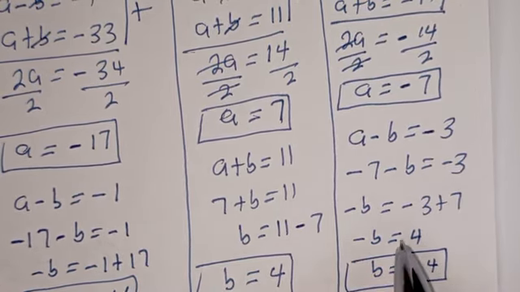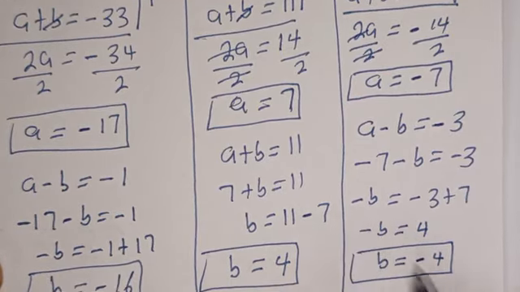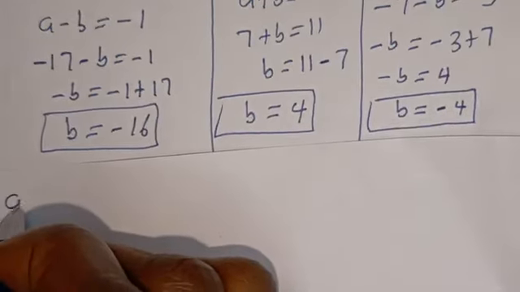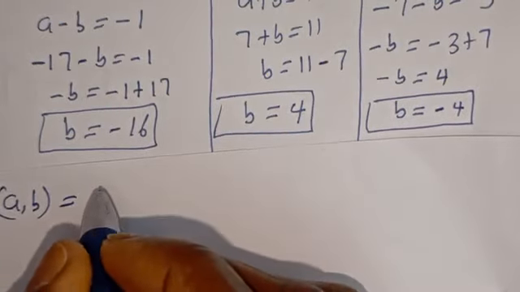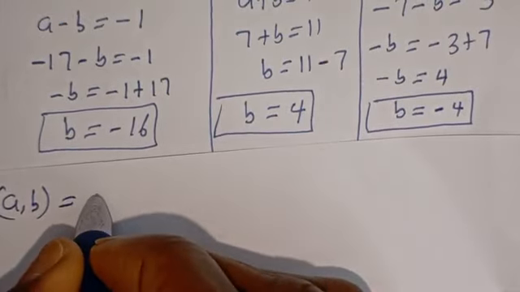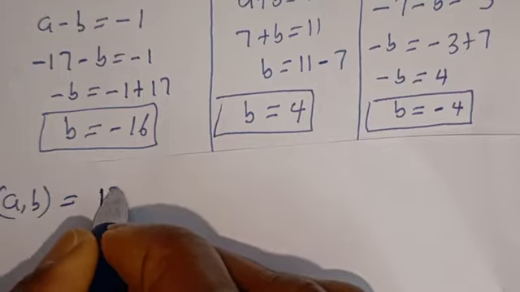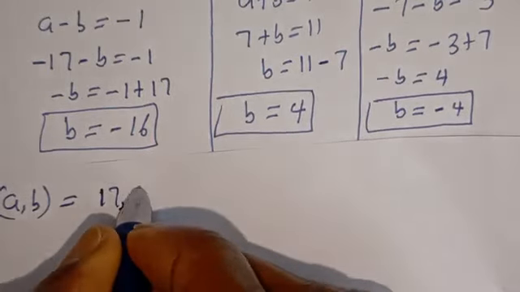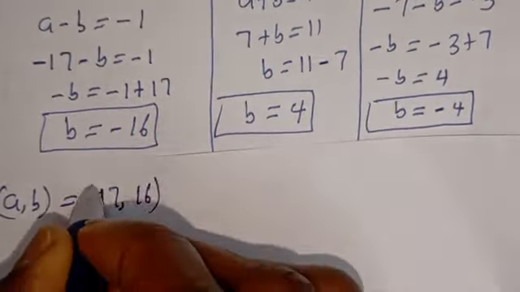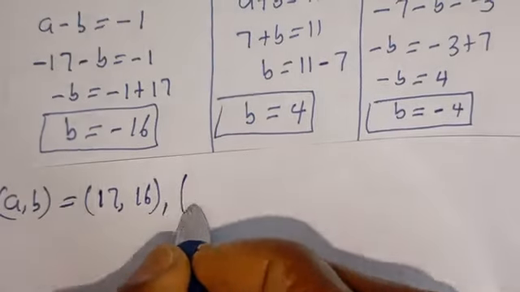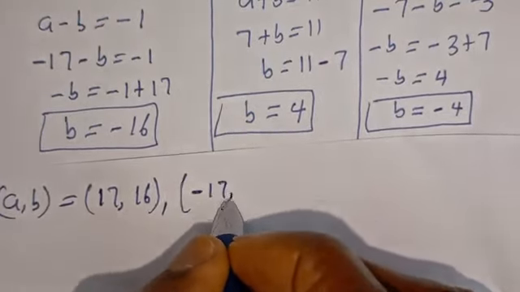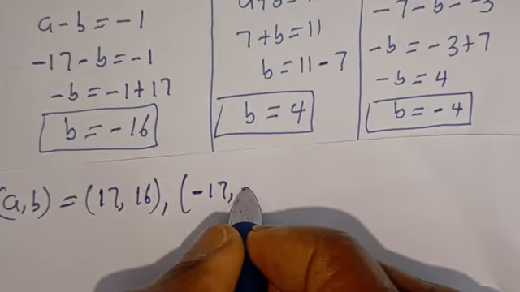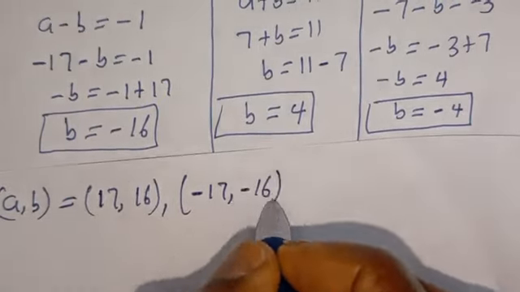Therefore, our final answers are a, comma b is equal to: the first case, 17, comma 16. Then the second case is minus 17, comma minus 16.